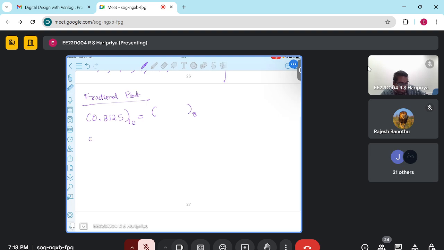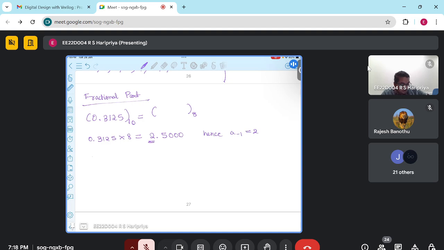We want to convert to base 8, so we should multiply with 8, and the portion before the decimal point will be our a minus 1 bit position.